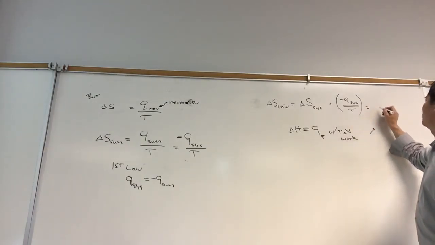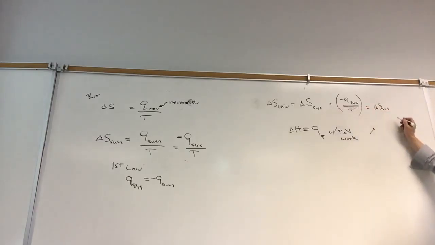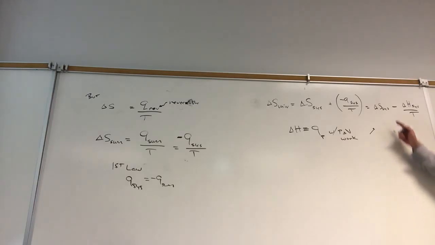And so this is going to be delta S of the system minus delta H of the system over T. So what we've done here is we've taken something that would have been impossible, that is the universe, and made that into something possible because delta S of the system is easy to calculate.